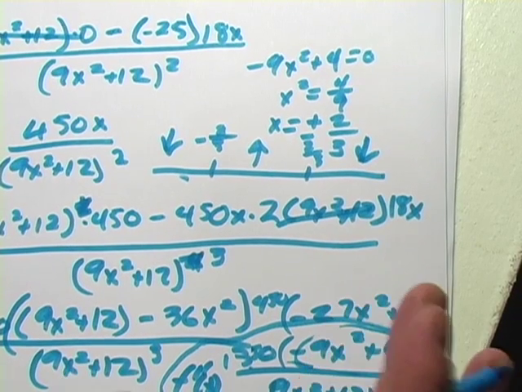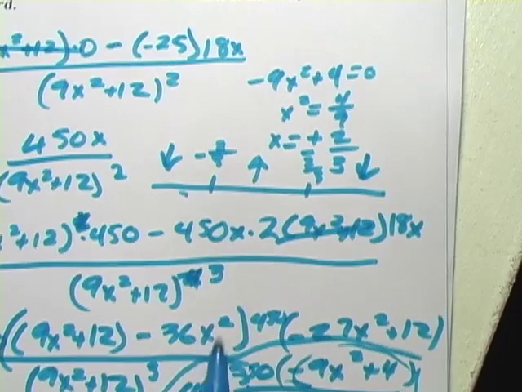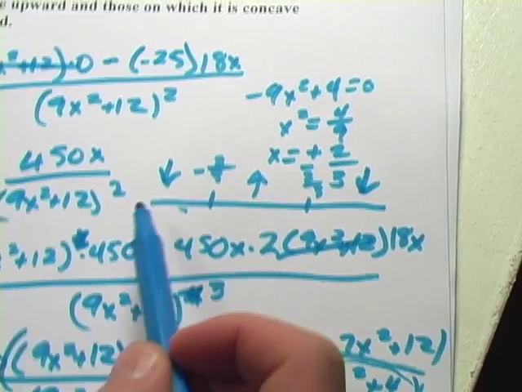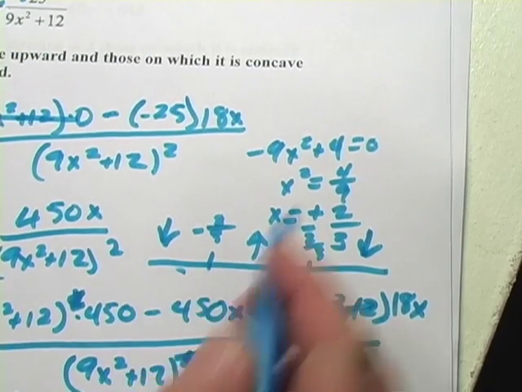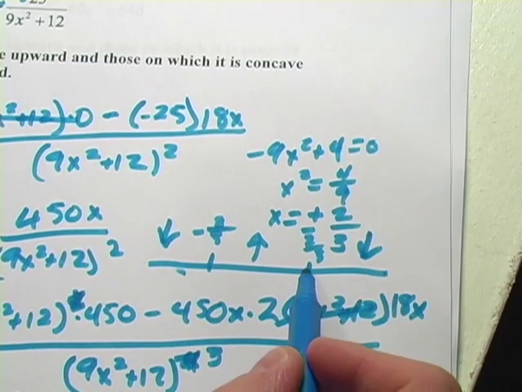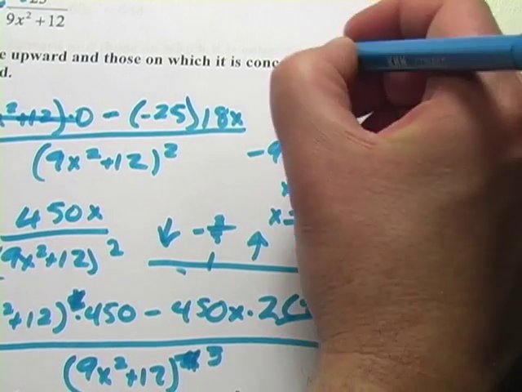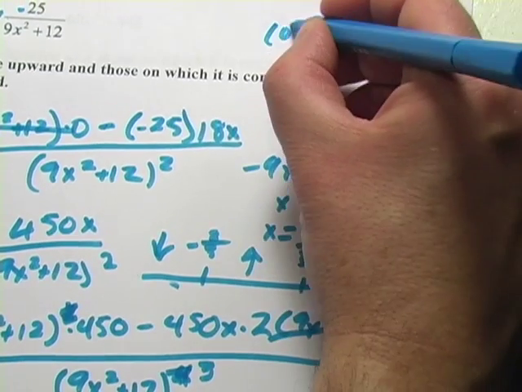So I kind of ran out of room here, and this is looking really crunched. But we have our intervals now. From negative infinity up to negative 2/3, and from 2/3 up to infinity, it's concave down.